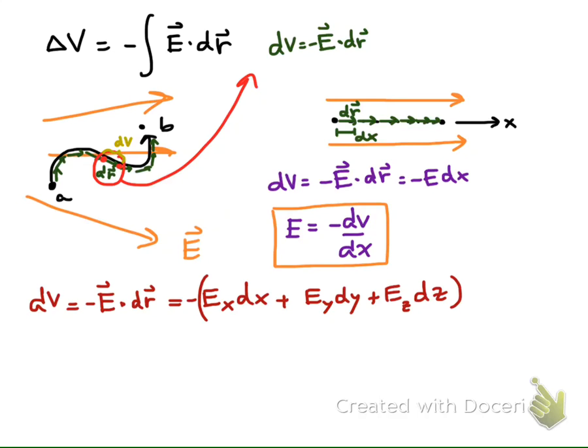This first term is the change of the electric potential due to the change of the position in x direction, and this term is the change of the electric potential due to the change of the position in y direction.